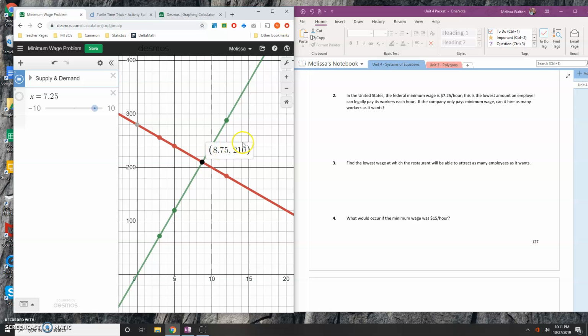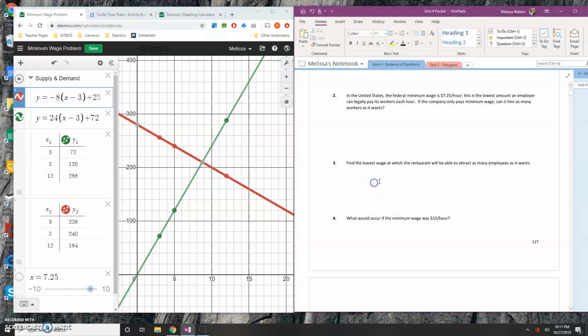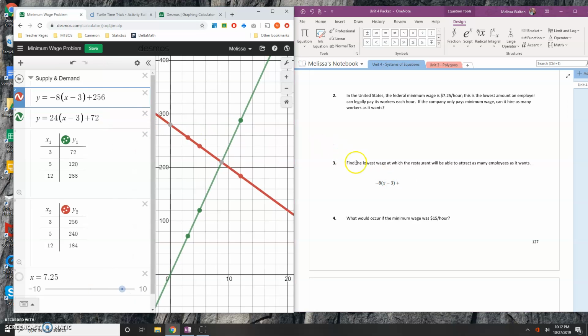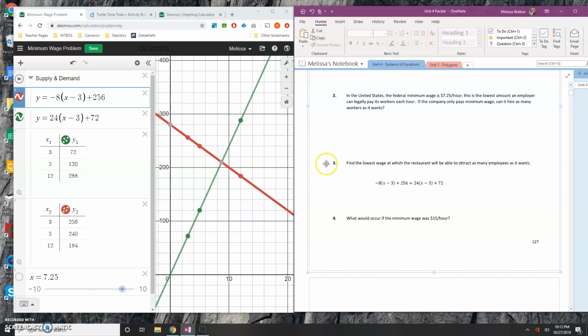And one way that you could have figured this out, well, let's go back to those two equations. If you solved -8(x - 3) + 256 = 24(x - 3) + 72, if you solve that equation, you could have gotten that x value.